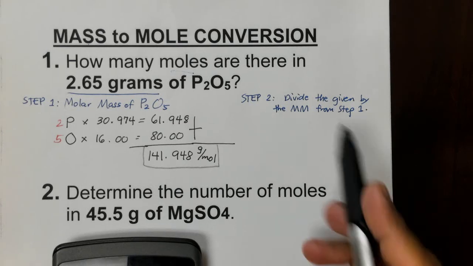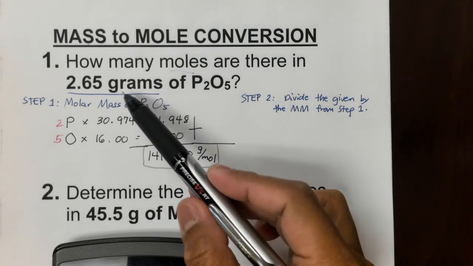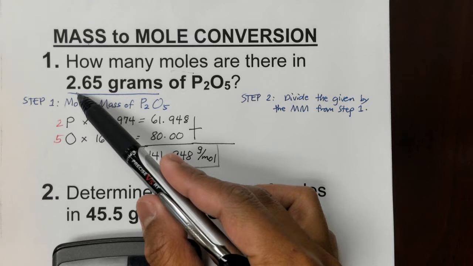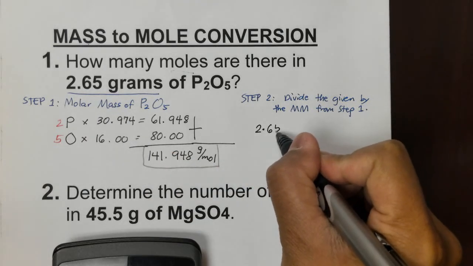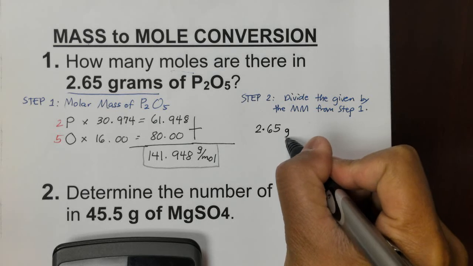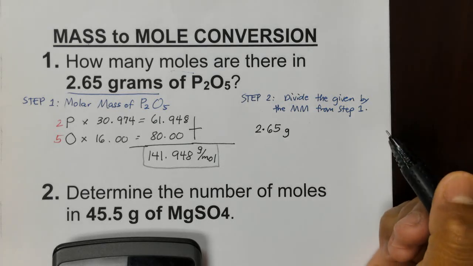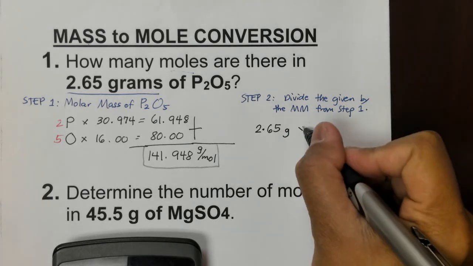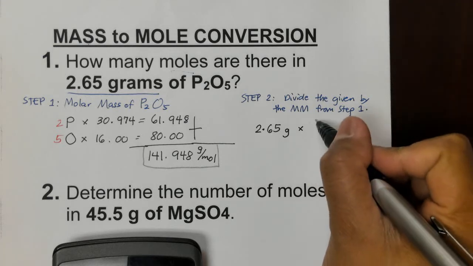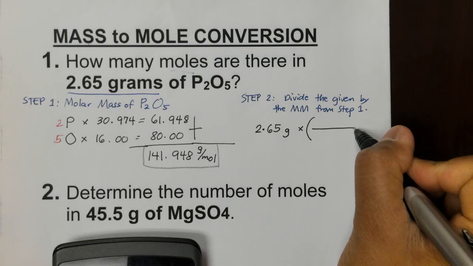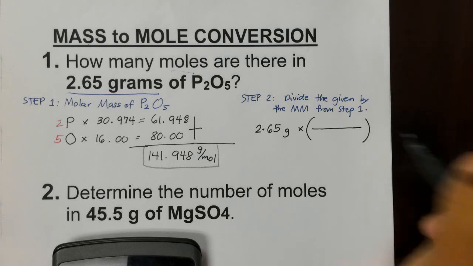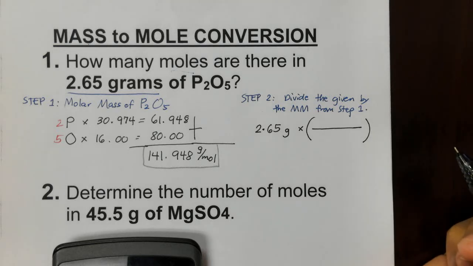Of course, we always begin by writing our given value. So our given value is 2.65. You write that down, 2.65 with the unit grams. So the g has to be there, and then you put times. By default, you put the times there, and then you have a parenthesis in which you will have a line to separate the numerator and denominator.